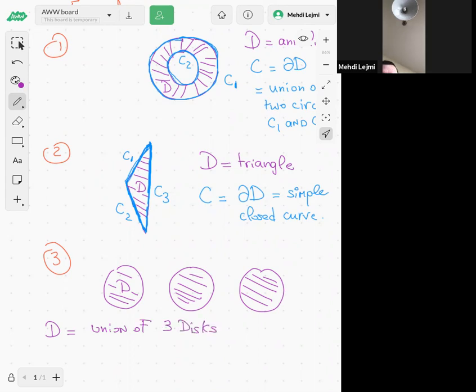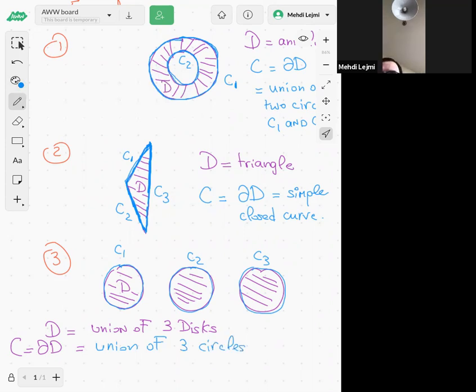What would be the boundary of D in this case? The first disk, the boundary would be this circle, the second circle here, and the third circle here. So C1, C2, C3. In this case, the boundary of D is just the union of 3 circles.